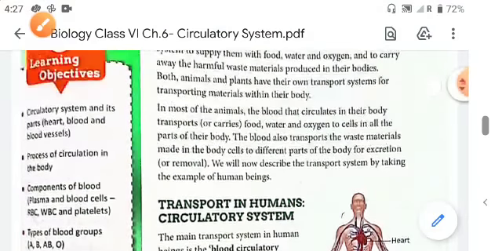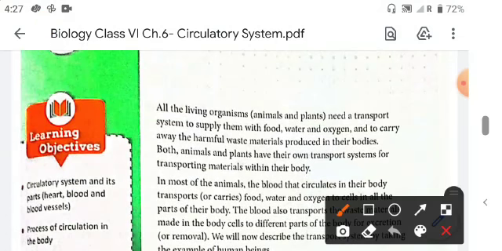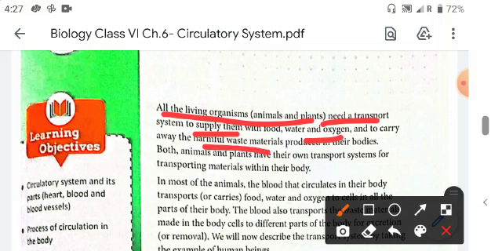So let's start the chapter. At first, we know that all living things, either animals or plants, need a transport system to supply them with food, water and oxygen, and to carry harmful waste material away from their body.